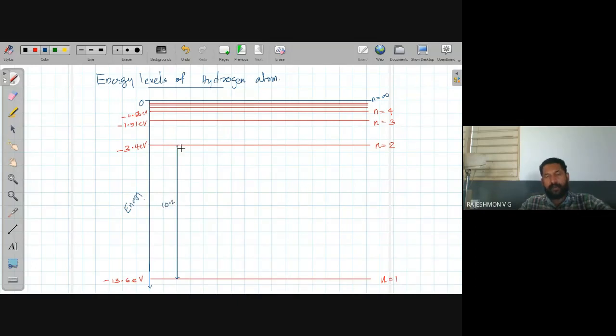This is 10.2, because the difference of 13.6 and 3.4 is 10.2. So when an electron jumps from the n equal to 2 level to the n equal to 1 level, it will emit a radiation of 10.2 electron volt. Is it clear?